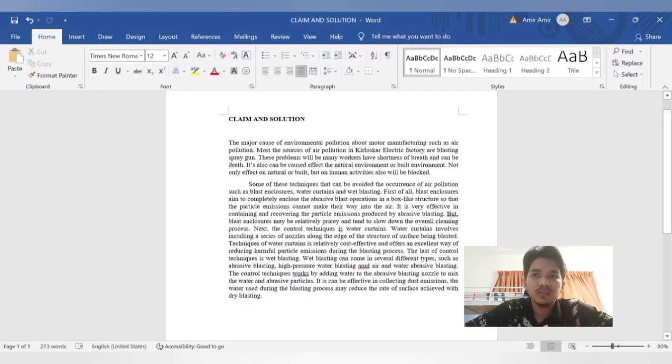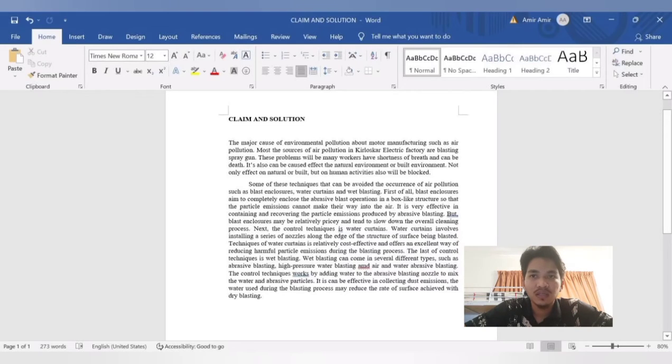Some techniques that can avoid the occurrence of air pollution are blast enclosures, water curtains, and wet blasting. First of all, blast enclosures aim to completely enclose the abrasive blast operations in a box-like structure so that the particle emissions cannot make their way into the air.